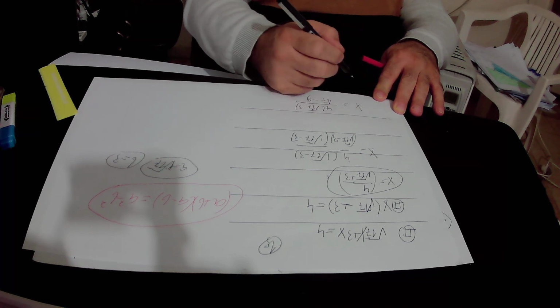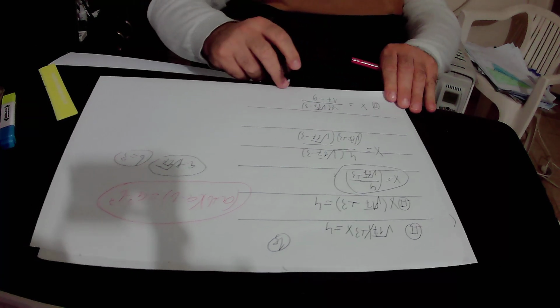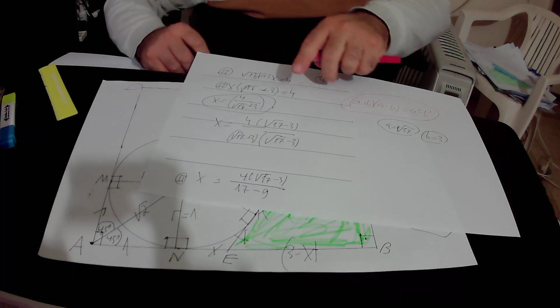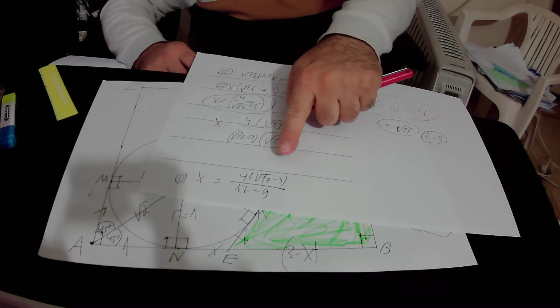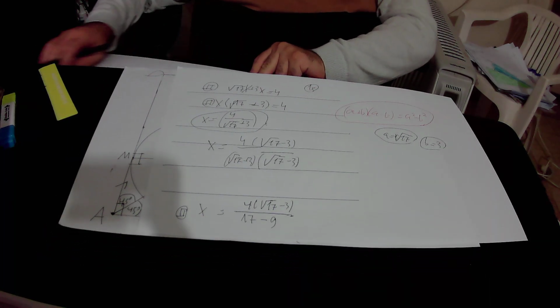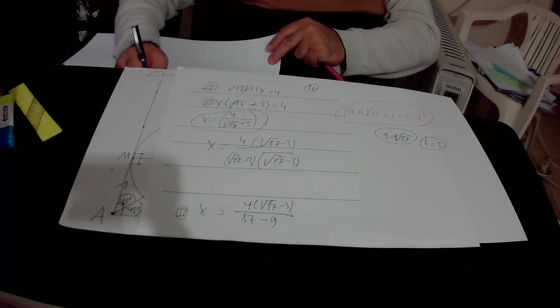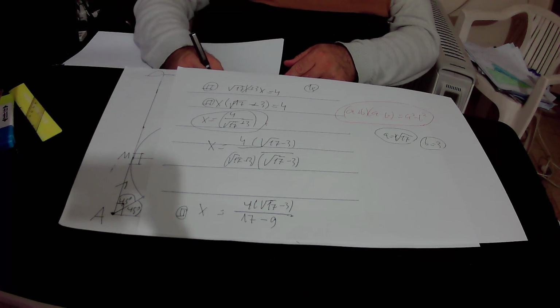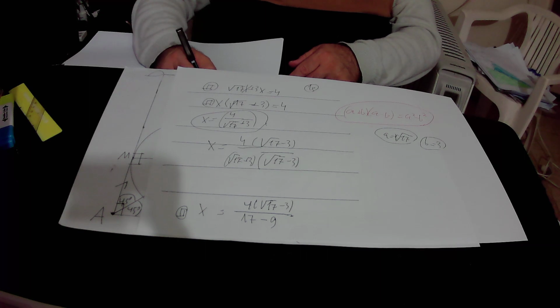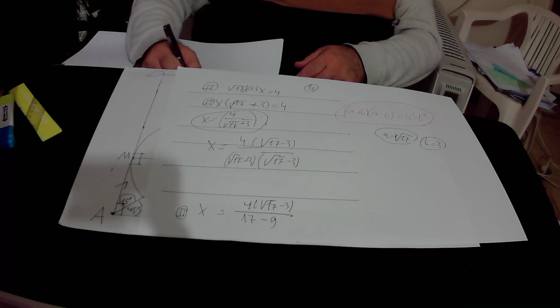So we got that x equals 4 times square root of 17 minus 3 over 17 minus 9. 17 minus 9 is 8, so I write it down. So x equals 4 times square root of 17 minus 3. 17 minus 9 is 8.